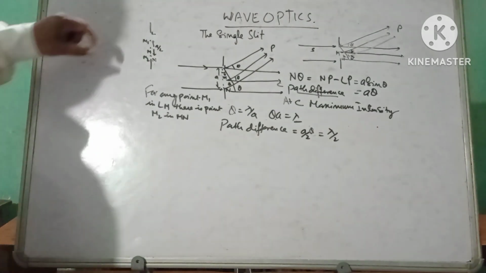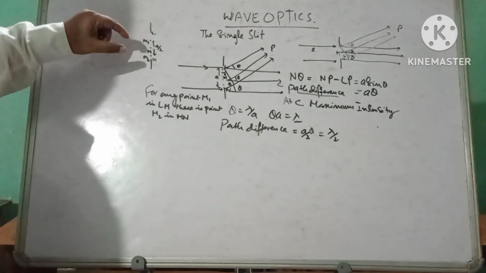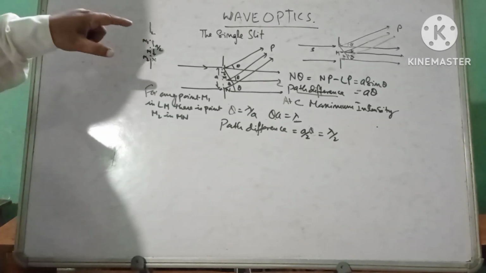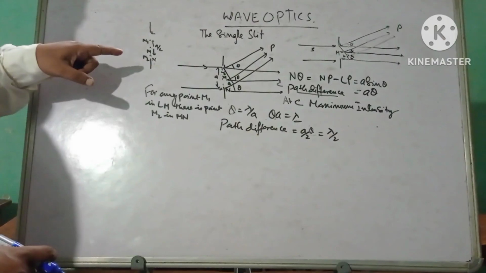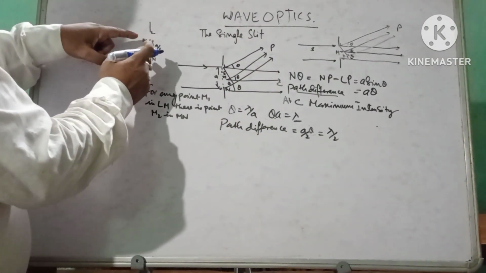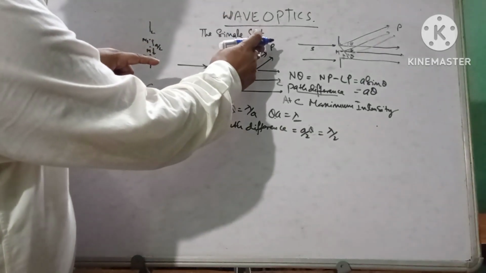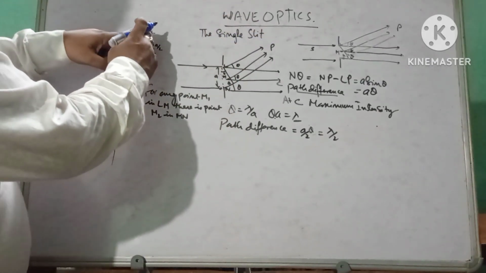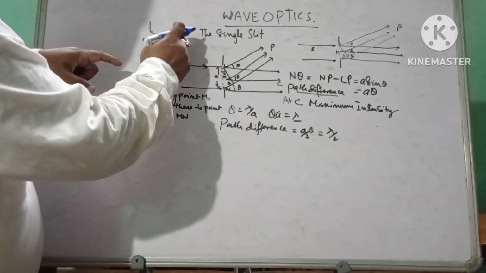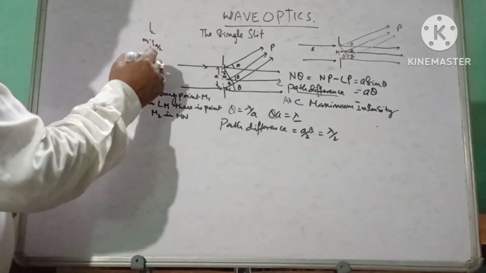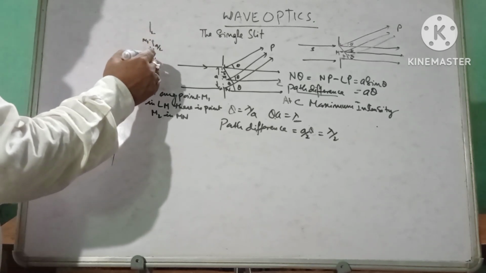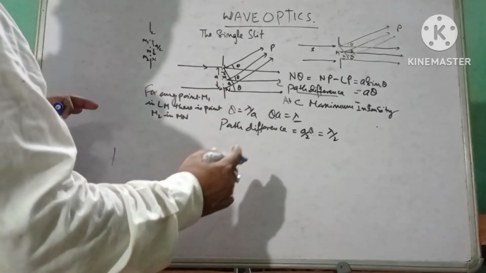So what has happened here? The light waves from these two halves have reached the point P in such a way that the light waves from the upper half and from the lower half are out of phase.